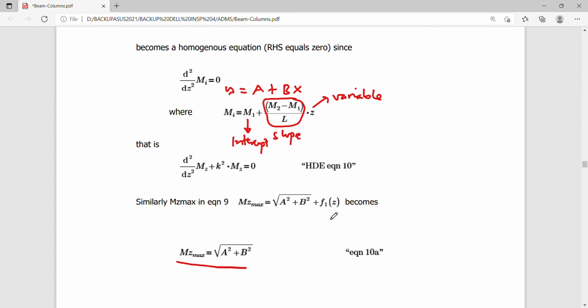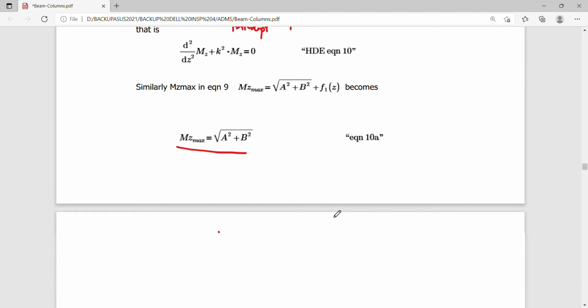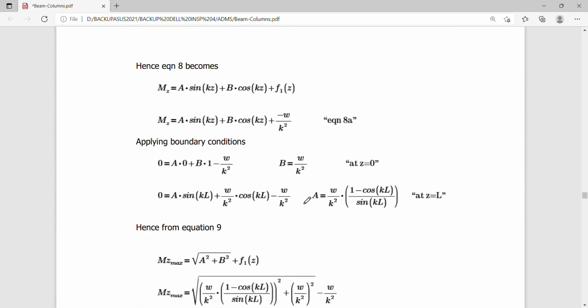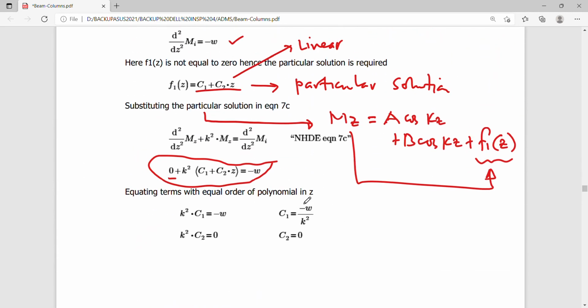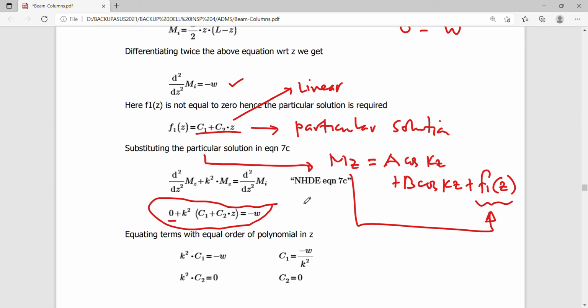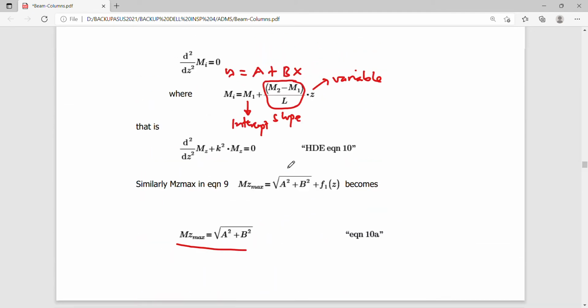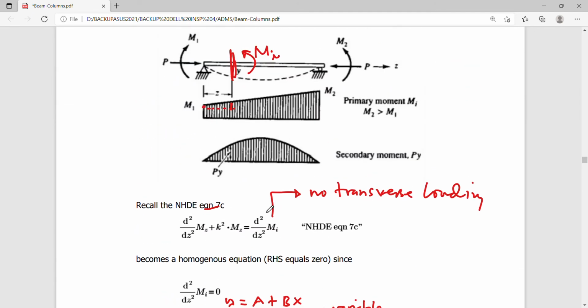This one here, okay, there's an f1z here. So what is your f1z? It's simply, no, I'm not referring to that equation. I have to refer to the derivative, this one here. Okay, so equation 7c, which is the NHDE.